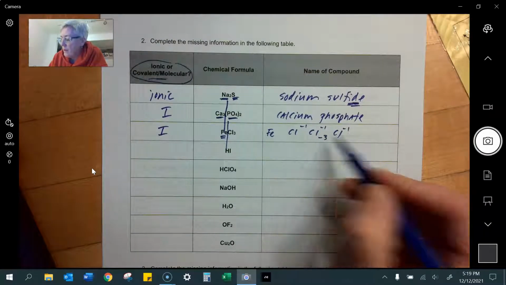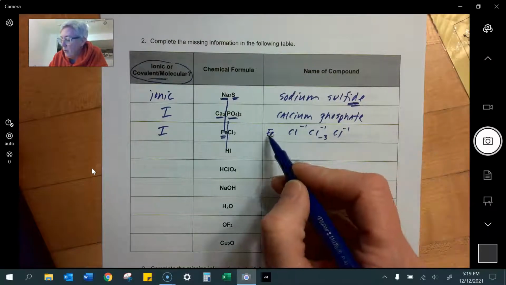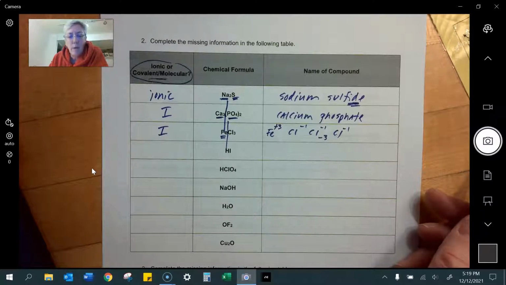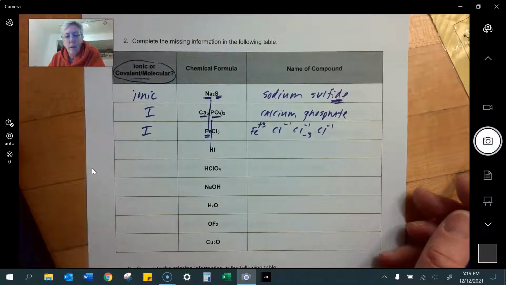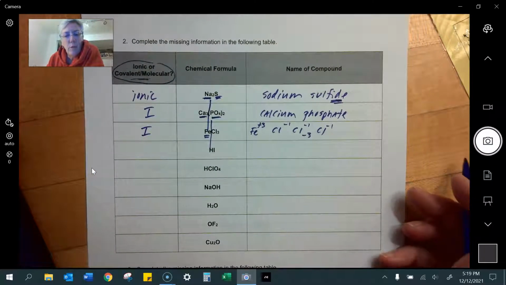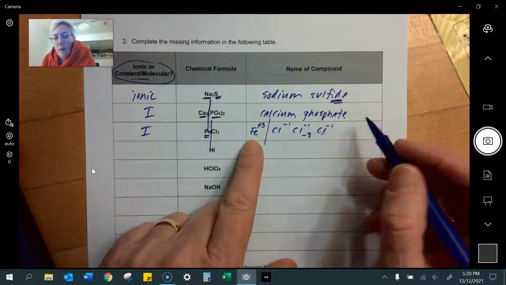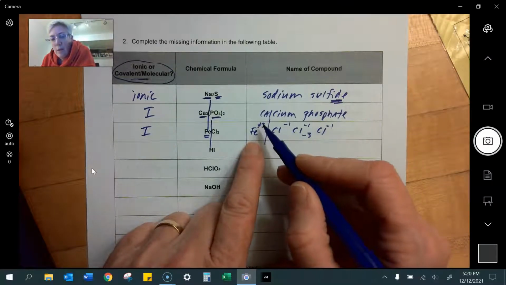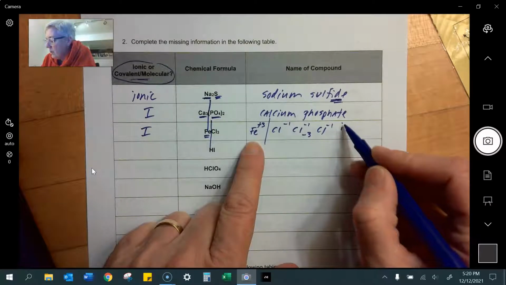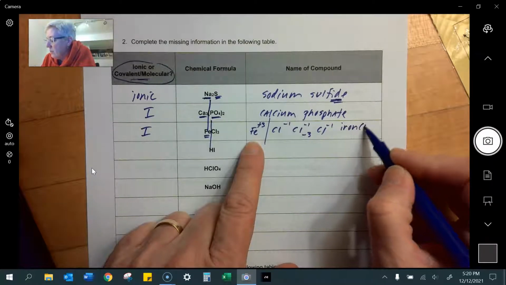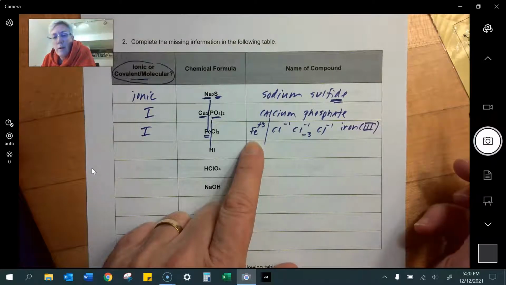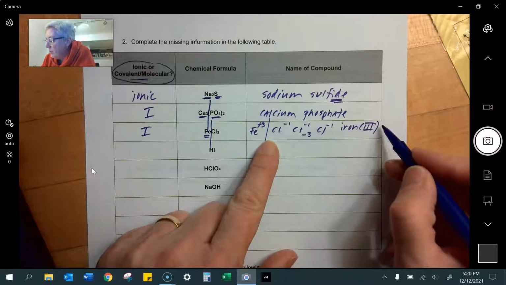So that whole side adds up to a -3. We have 1 iron, so that has got to be a +3 iron, because ionic compounds have to be neutral. Their formulas have to add up to 0. So in my name now, I need to include the charge of that metal. So I would say iron, Roman numeral 3, and then chlorine becomes chloride.